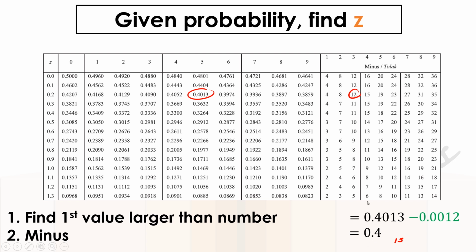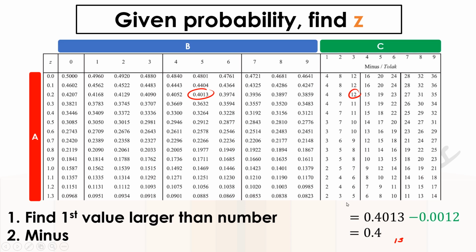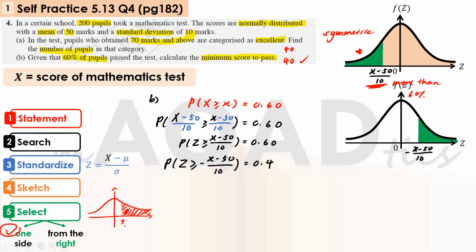Alright, so now let's go to section A, B, and C, find the 4 digits. Okay, so the 4 digits would be from section A is 0.2, section B is 5, section C is 3. So the value of z is 0.253. So we can say that according to the tables, the probability where z is greater than or equal to 0.253 would be the same as the probability that we want.